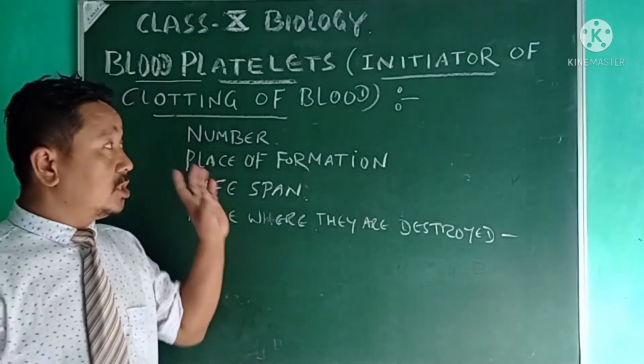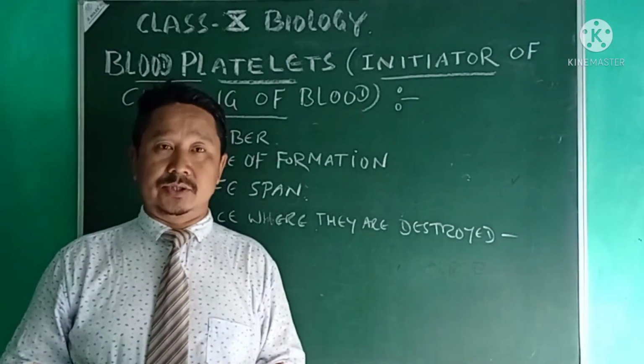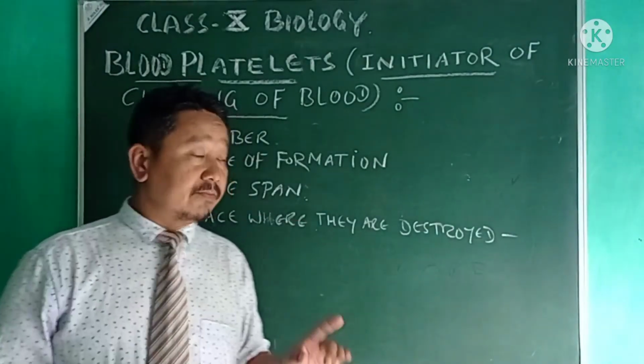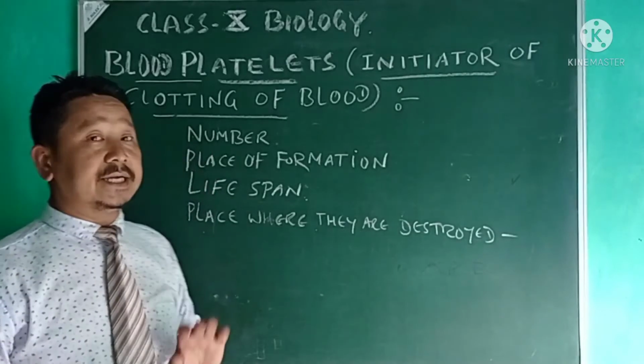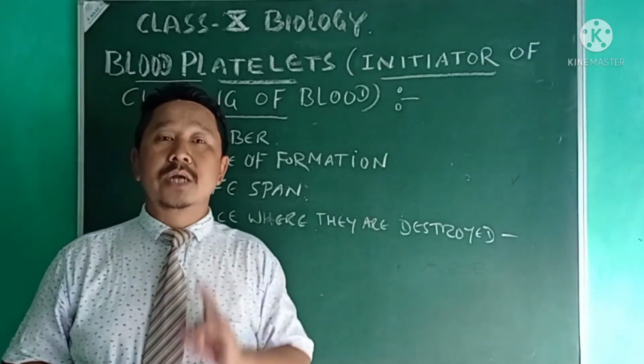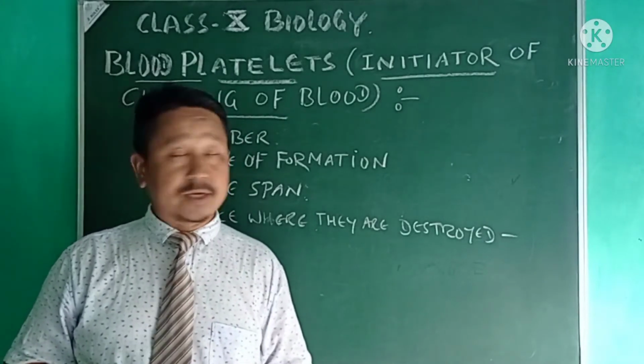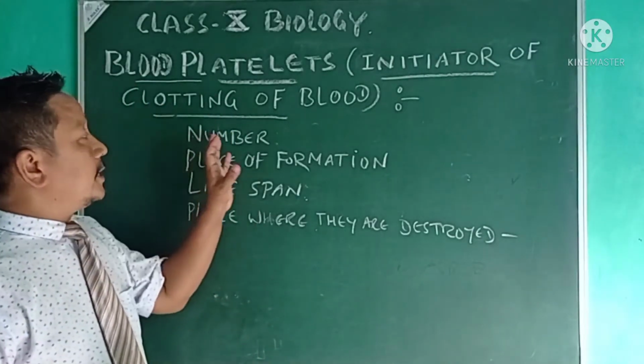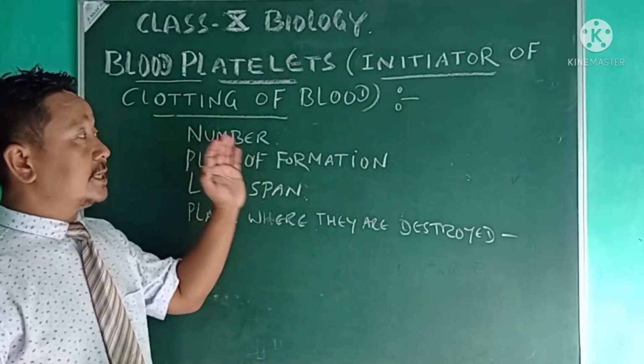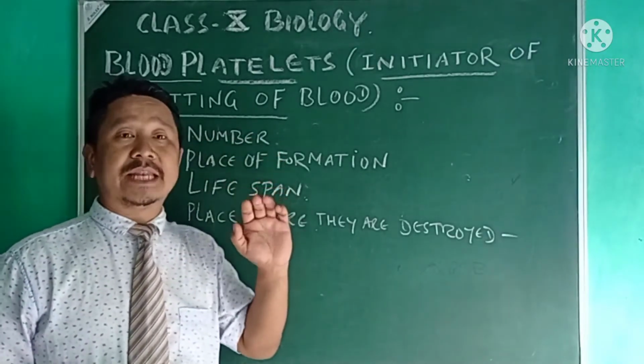But WBC have a nucleus, so they are nucleated. These blood platelets are also non-nucleated because they do not have a nucleus. And their number ranges from 2 lakhs to 4 lakhs.